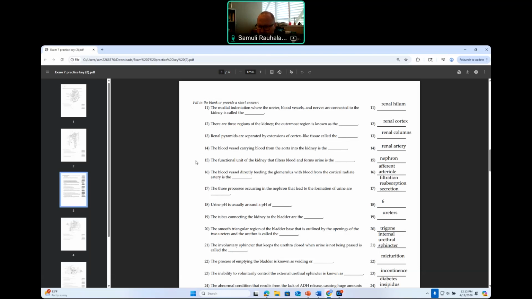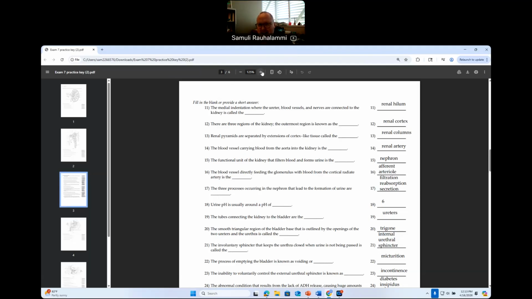This is question 15. We just reviewed that beautiful diagram of those. Now, question 16. Keeping up with our earlier review of the nephron, we recall that the glomerulus, the capillary tuft of a nephron, received its blood from an afferent arteriole.